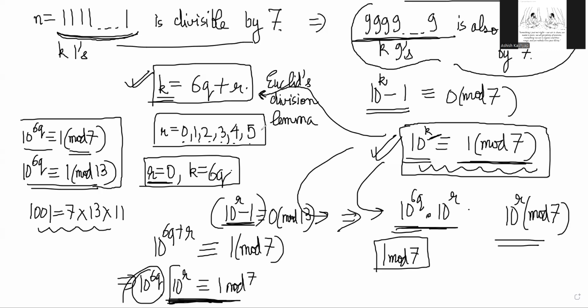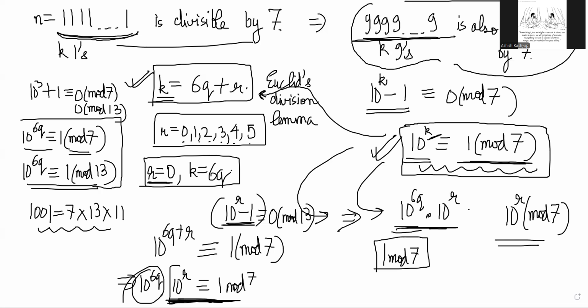So what we are using here is, first of all, the information that was given as a hint: if you have 10 power q plus 1 and that is 0 mod 7 and 0 mod 13, then in both the cases 10 power 3 is minus 1 and 10 power 6 is 1 mod 7 and 1 mod 13.